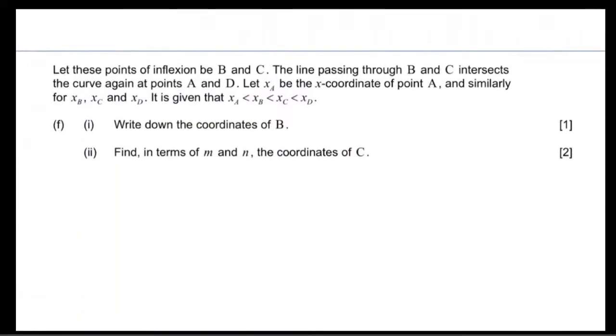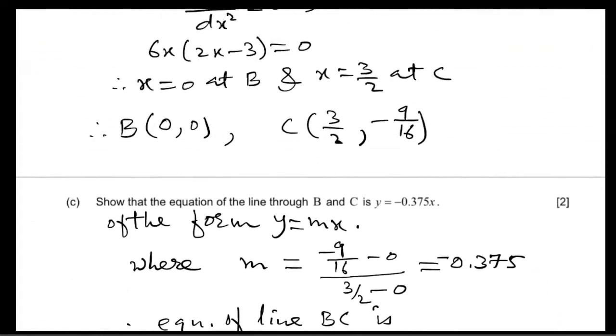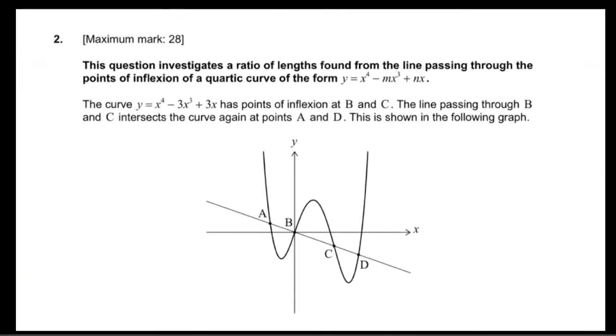Now the next part says, let these points of inflection be B and C. The line passing through B and C intersects the curve again at A and D. Look here. Let me draw the curve again here. We already have it though. The curve is something like this only.